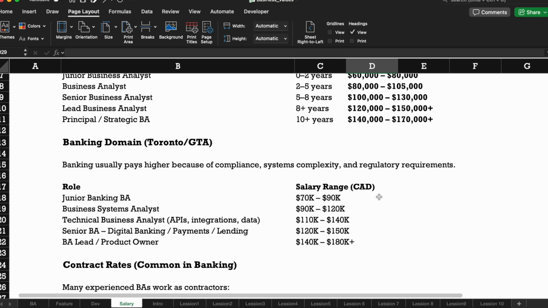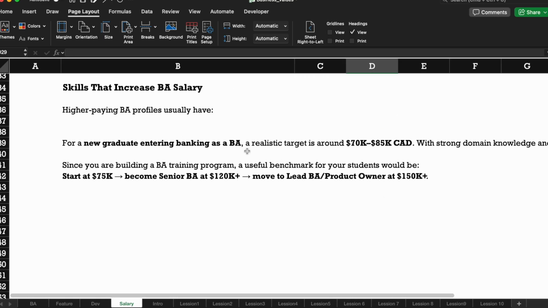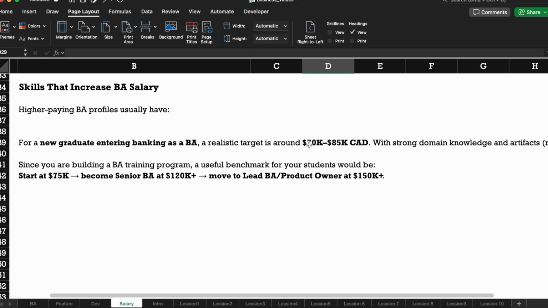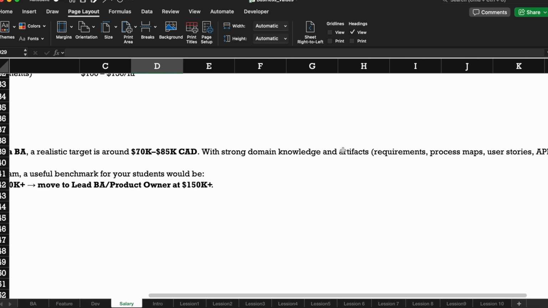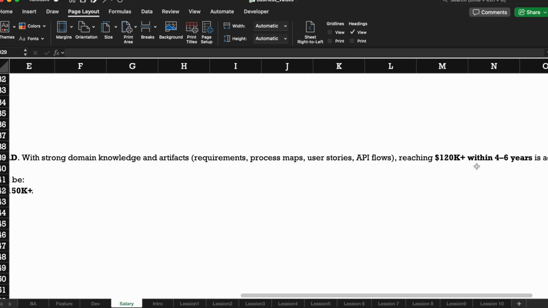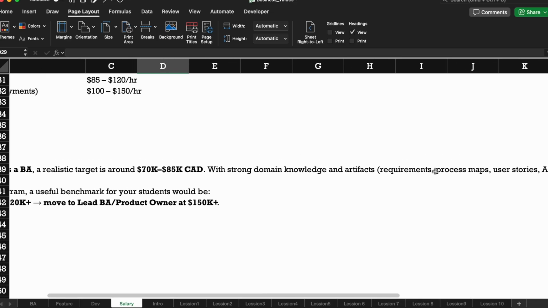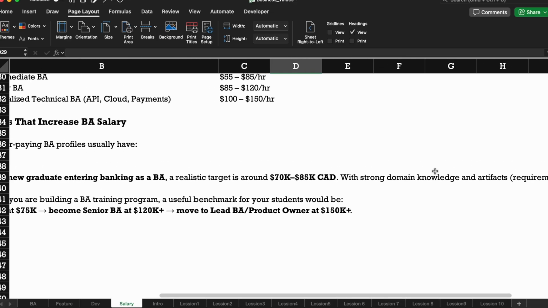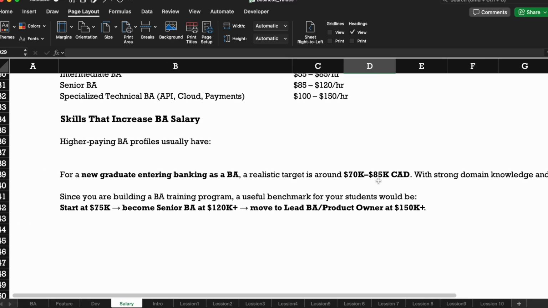Okay, so just to summarize, if you are a beginner, new graduate, start asking 70 to 85k, it's safe to ask. With the domain knowledge and everything, you can ask 80 to 100,000, and at the third level you can ask over 100,000. Okay, so that's the salary range.